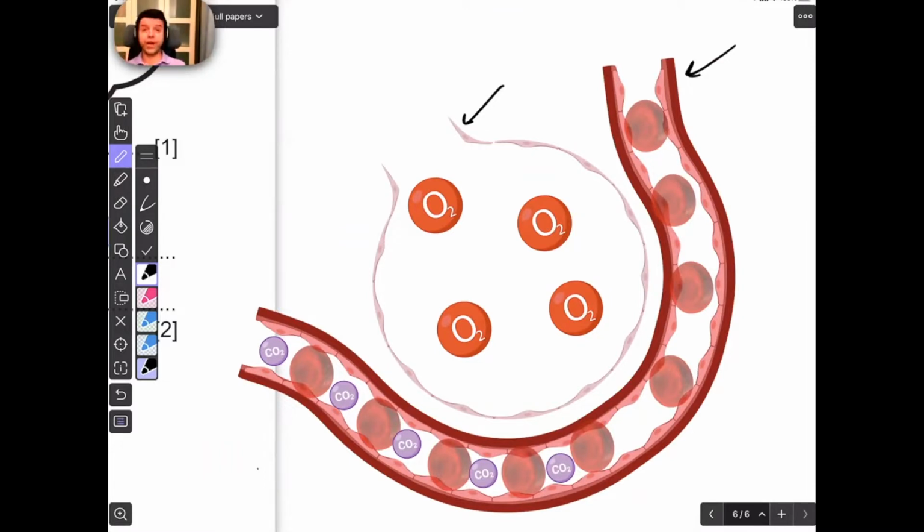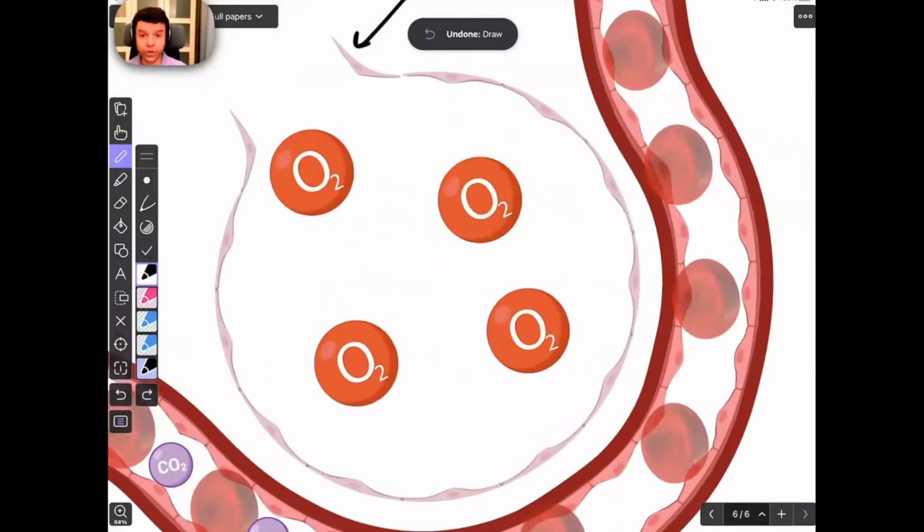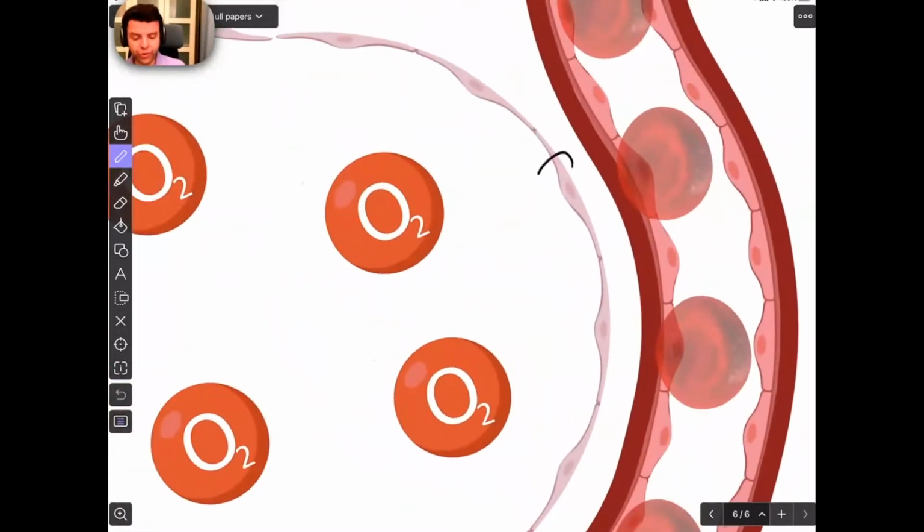Third is the fact that the surface of the alveoli is moist. Why are moist surfaces good? Because the moist surface allows the gases to dissolve first, and that allows the diffusion rate to be even faster, all right?